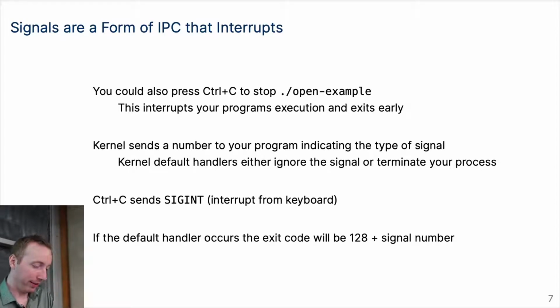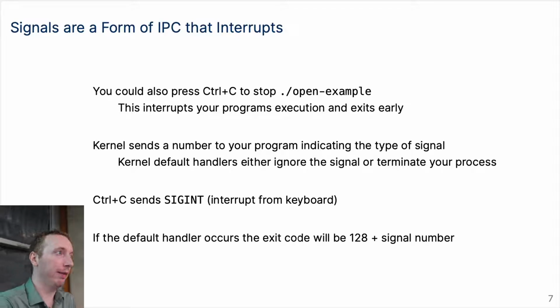Control-C just sends a signal to your process, which is basically an interrupt, and a signal is literally just a number. There are some numbers that you have to look up in a table, or they're given names. Control-C sends a signal called SIGINT. It's supposed to represent an interrupt from the keyboard that the kernel passes on to you, because usually that would have to be dealt with in hardware.